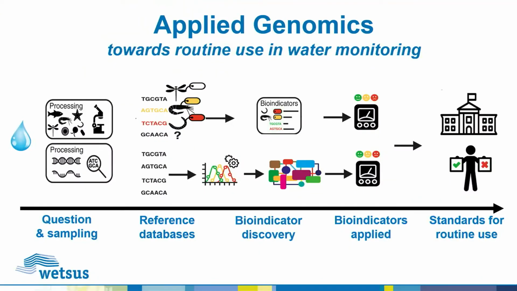But the part of the title here is that we want to apply genomics towards routine use in water monitoring. And for routine use, we need standards, and we need a formalized way of how to deal with DNA, with genomic data, to answer questions in a standardized way.